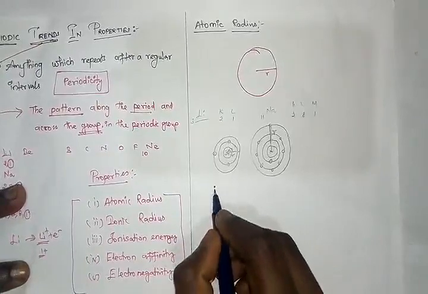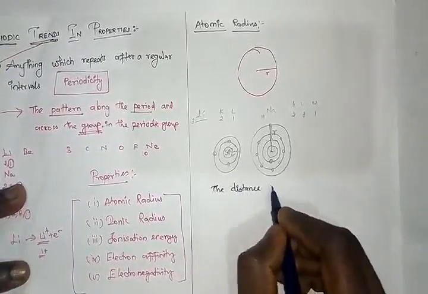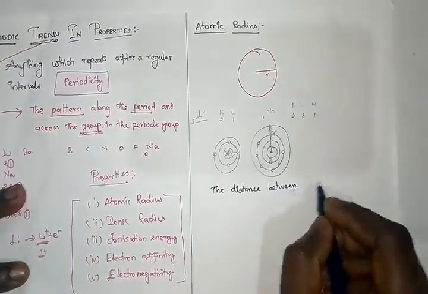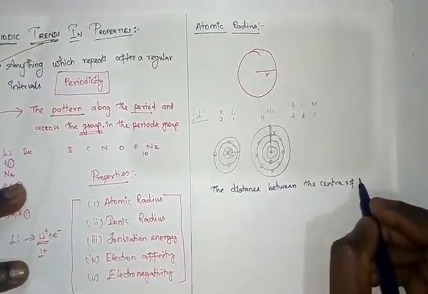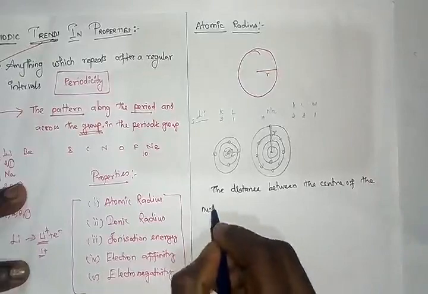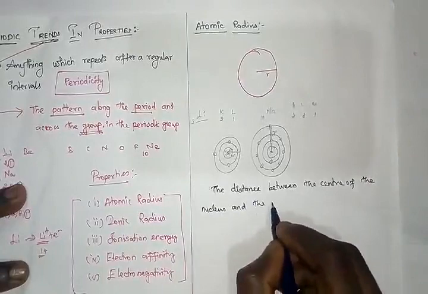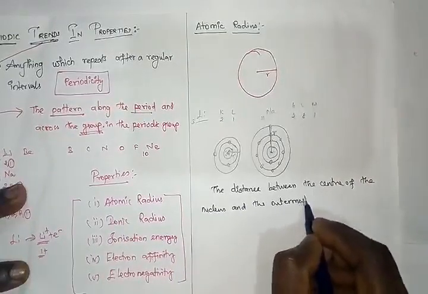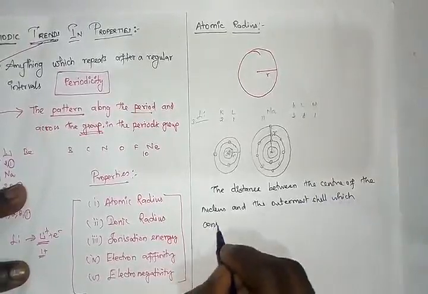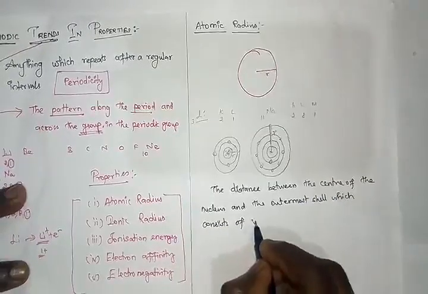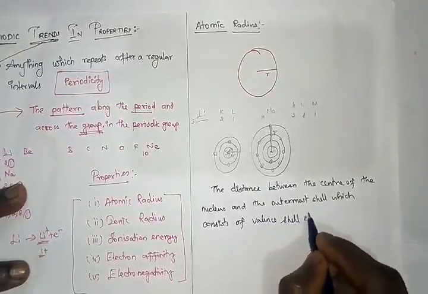The atomic radius is defined as the distance between the center of the nucleus and the outermost shell, which consists of valence shell electrons.